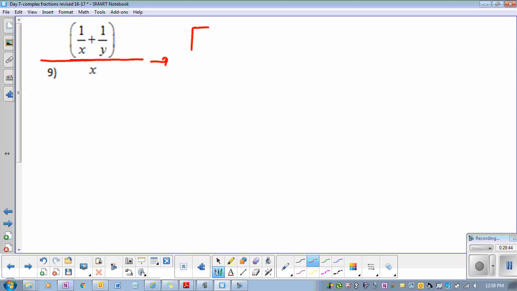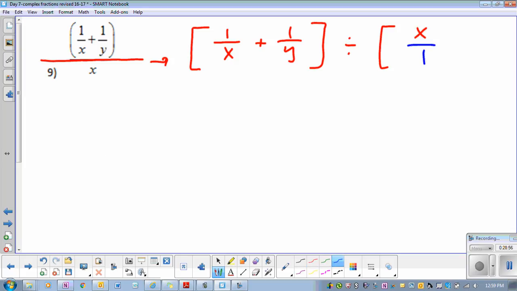So 1 over x plus 1 over y divided by x, which is x over 1, right? I'm going to write that in now. So I heard somebody tell me the LCD for this guy. Fraction 1 is x, fraction 2 is y, nothing in common, so your LCD is xy.